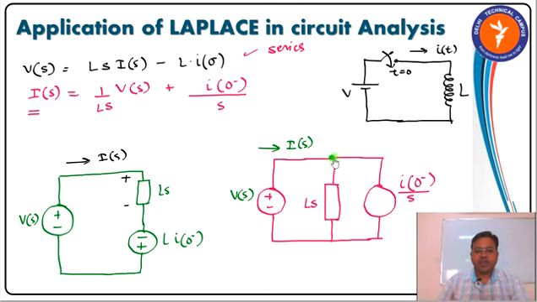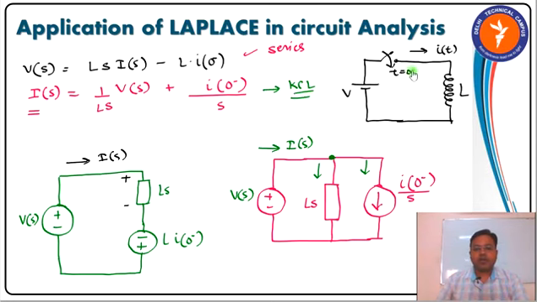Now this Is will get divided into these two to make a part of Vs divided by Ls and I of 0 negative divided by S. As this current and this current have to satisfy KCL, this current must have a polarity as shown, so that the current coming from here can divide into this and this. If I write the KCL equation at this node, it will be like this. So this is the KCL equation.